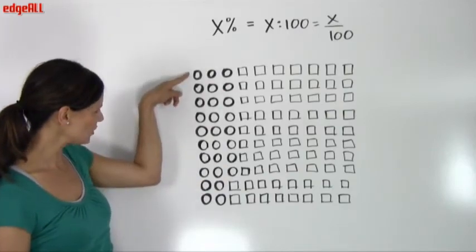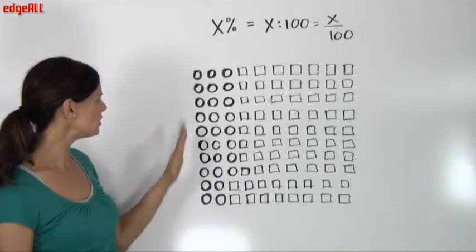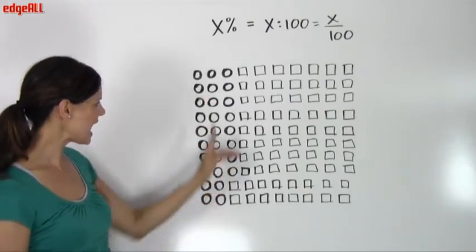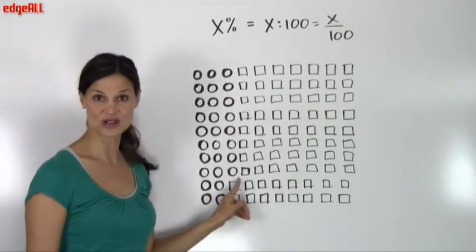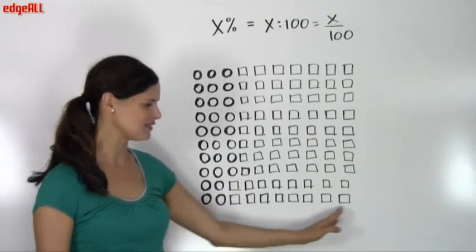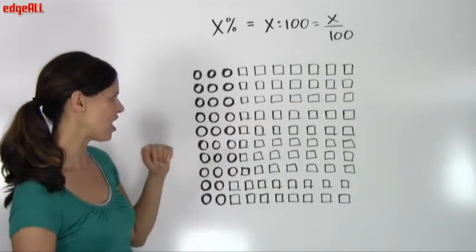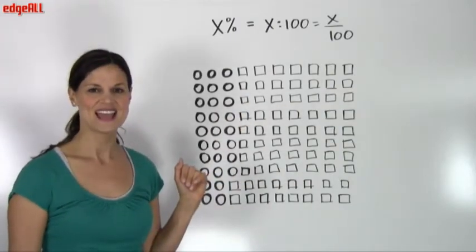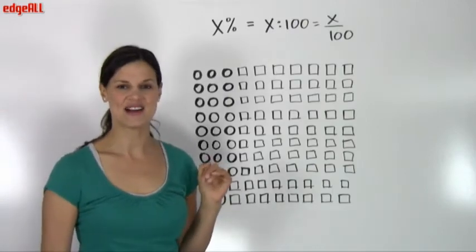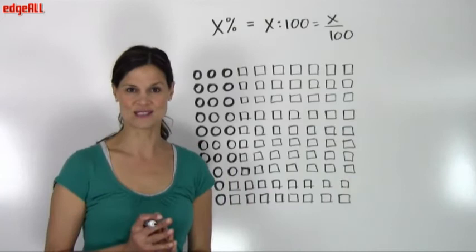So out of all these 100 shapes, I have a total of 28 circles, and then 2 plus 7 more rows, so 72 of these shapes are squares. So what we want to focus in on right now is the circles.